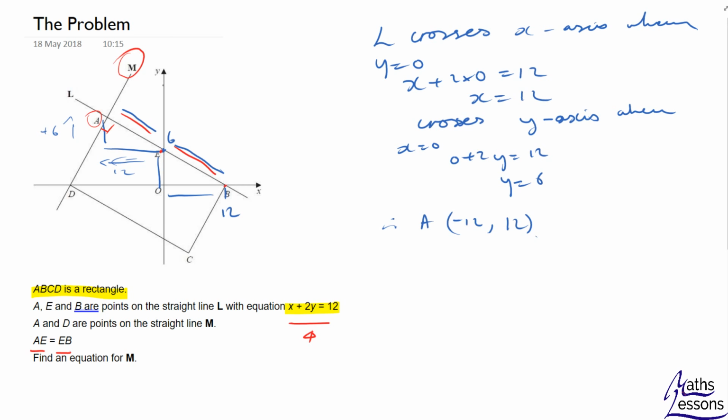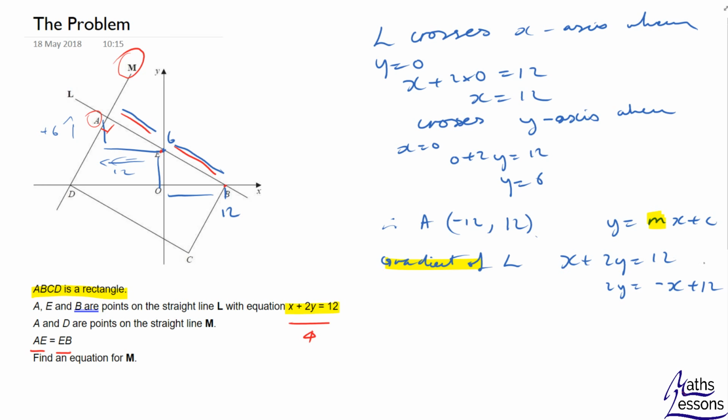Let's find the gradient of M by finding the gradient of L. What we need to do is rearrange. We know we've got x plus 2y equals 12. We need to get it into the form y equals mx plus c, and then that will give us the gradient of L. So 2y will equal minus x plus 12. We take away x from both sides.